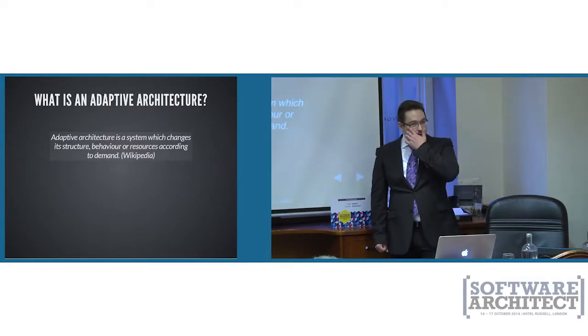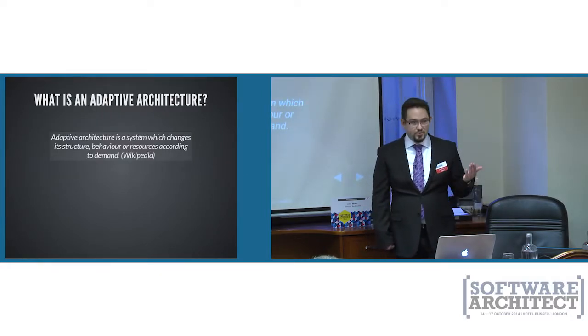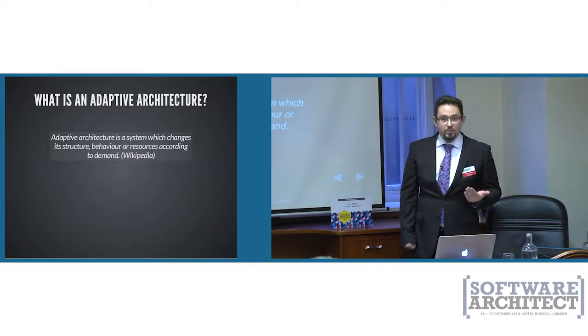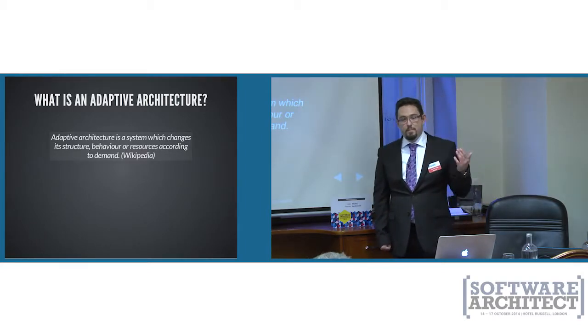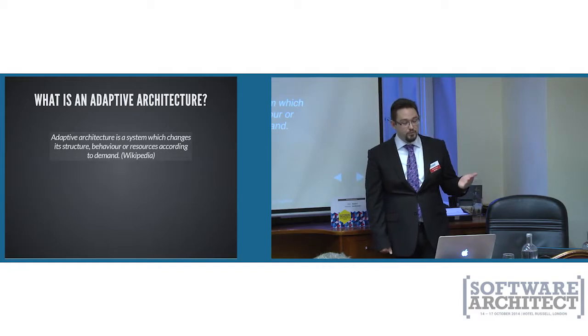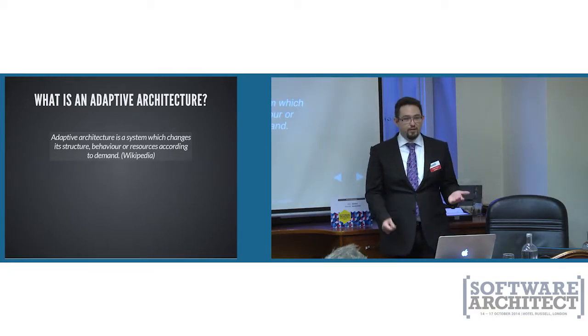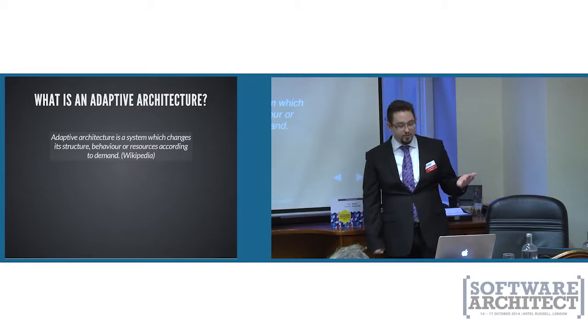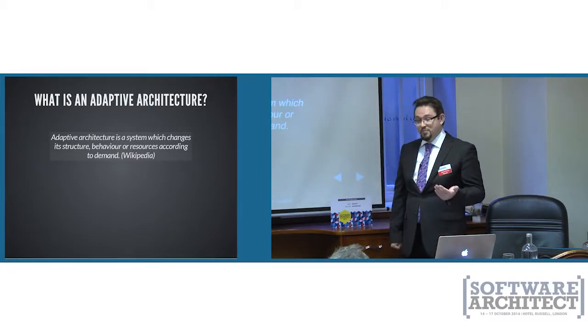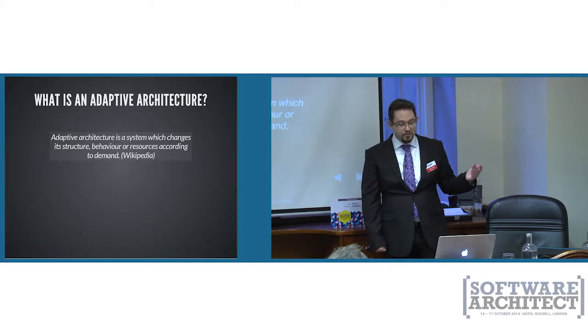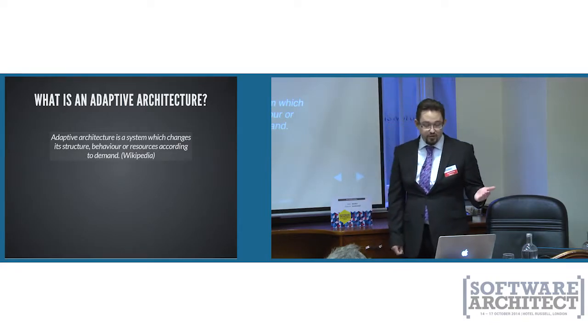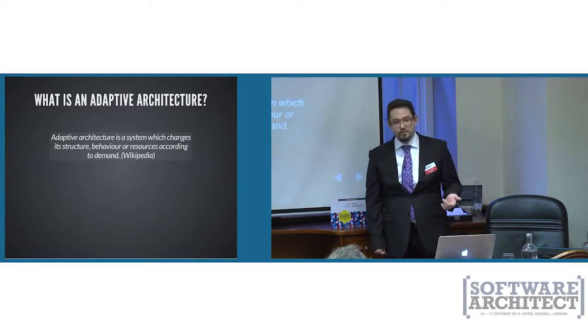Okay, so the title of this talk is how to create an adaptive architecture with ZeroMQ. And first, we should clarify what an adaptive architecture is. According to Wikipedia, an adaptive architecture is a system which changes its structure, behavior, and resources according to the demand.